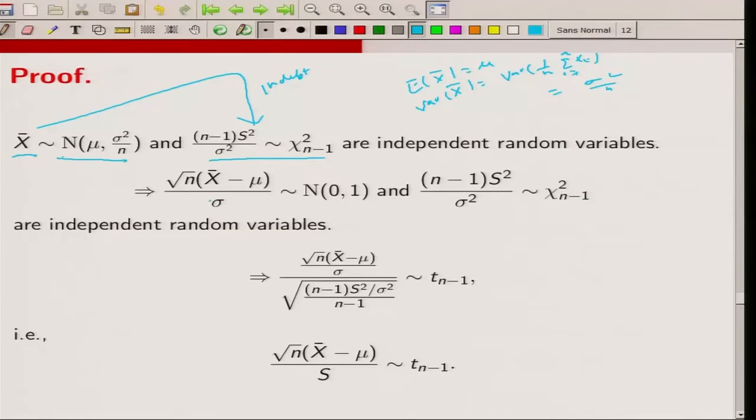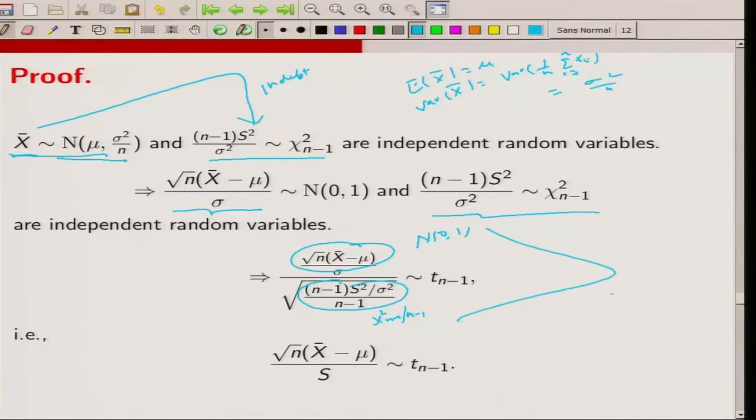So what you have is, I standardize this x bar. Root n (x bar minus mu) by sigma is normal(0, 1), and n minus 1 s square by sigma square is chi square on n minus 1, and the two are independent. This is normal(0, 1), and this is chi square on n minus 1 divided by n minus 1. So this would have T n minus 1, because these two are independent.